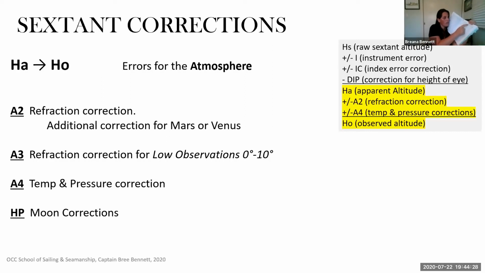So this is for if your altitude is between 0 and 10. Typically we will not be using this one. We'll be using A2. And then if you want to get super accurate, you turn the page to your A4 correction, and that can take into account your temperature and your pressure and how your line of sight can bend your horizon or make your horizon a little bit different.